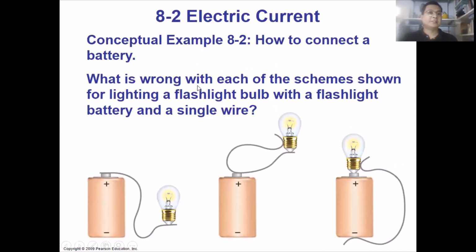Electric current, conceptual example 8.2, how to connect a battery. What is wrong with each of the schemes shown for lighting a flashlight bulb with a flashlight battery and a single wire? The first figure is incorrect because we don't have a closed circuit.